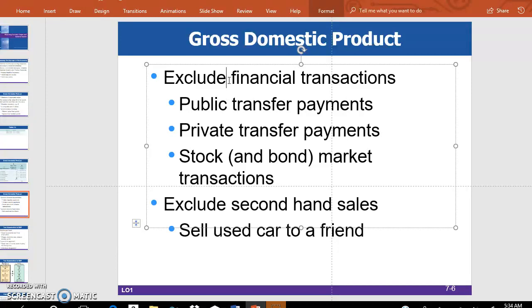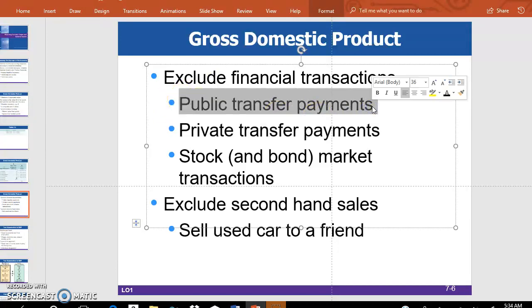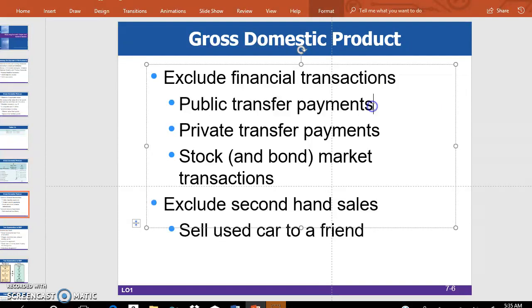So public transfer payments mean the government giving money to the recipient without getting anything in return, right? So we call those transfer payments. This is just a one-sided payment. These payments do not represent production of goods and services.